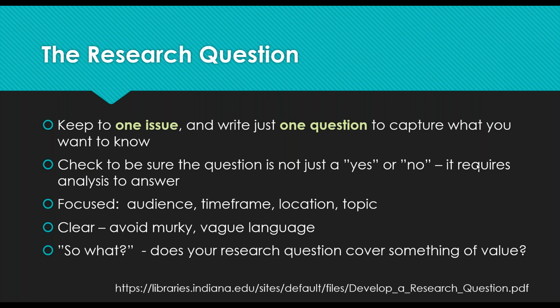And then, this makes sense, but you've got to avoid murky, vague language. Also easy to say, hard to do. And then always end your review of that research question by asking yourself whether it's really addressing anything that anybody really wants to know anything about.